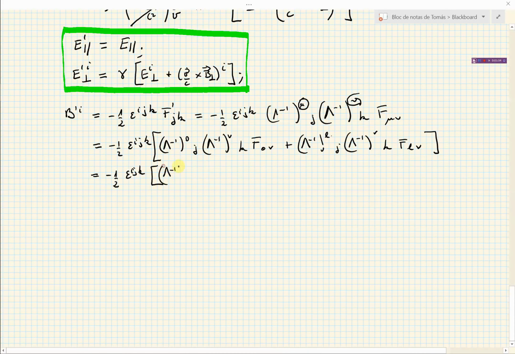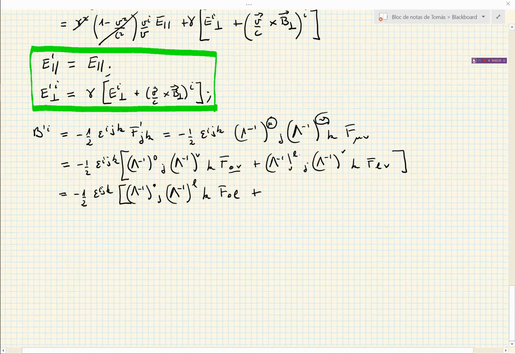Next we expand the new index. So this now stays as it is, and first I could take nu equals 0, but since I already have a 0 here, then I will get 0. So this has to be L, for instance. In this term has not been used, so it's f0L plus now I am done with this first term, so now we expand the nu in the second.